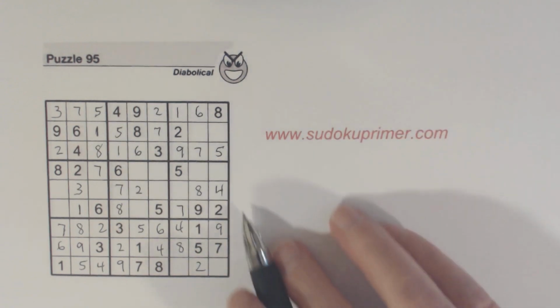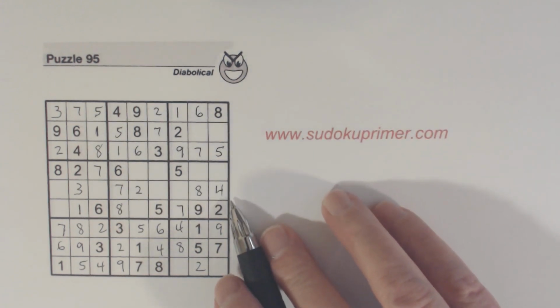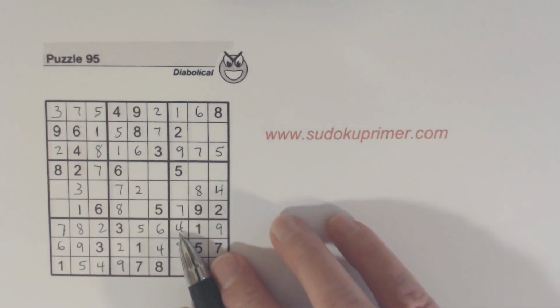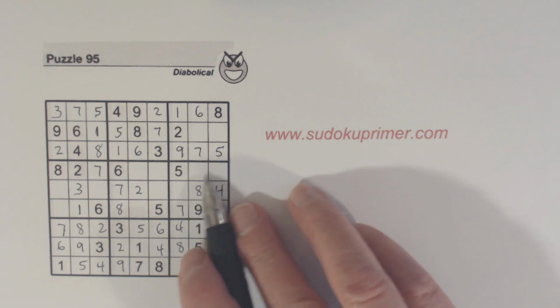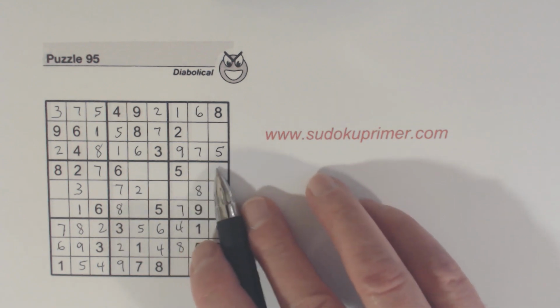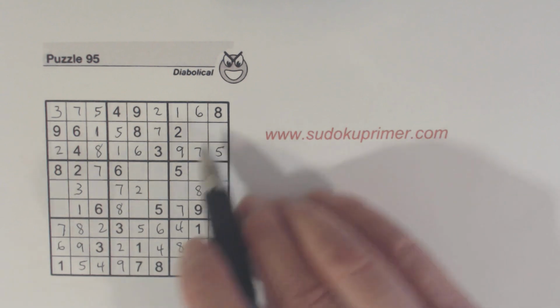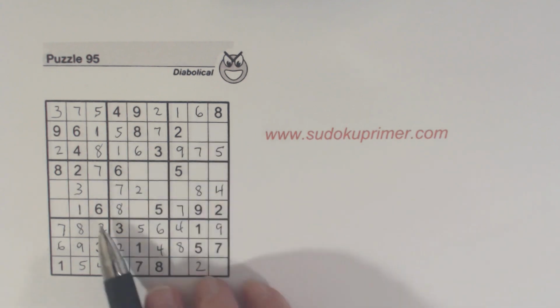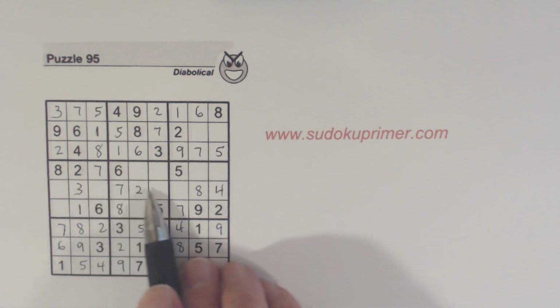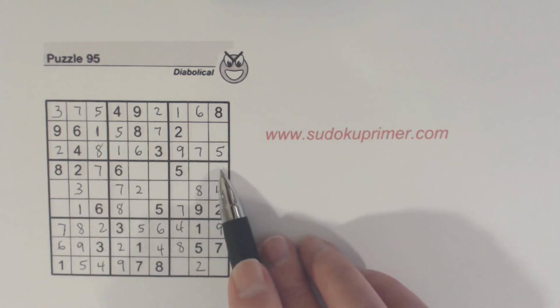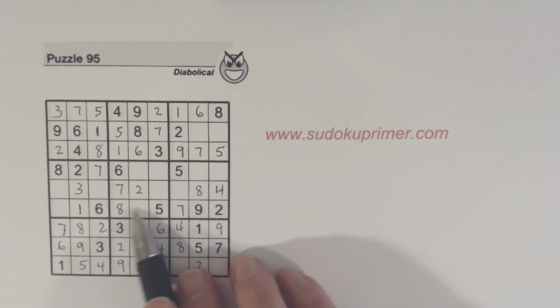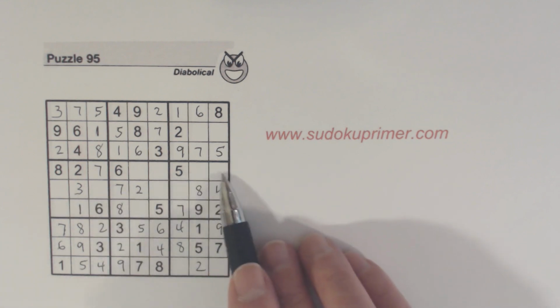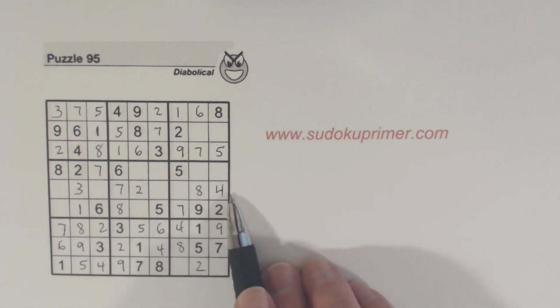Now how did I get that 4 there? So you got a 4 here, but couldn't any of those 3 be a 4? Well, we have 3, 4 twins right here, and we've got a 3 here, and we know one of these has to be a 3 because that's the only place a 3 can fit in this box with this 3 here.